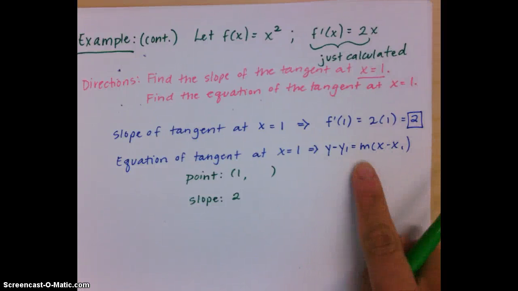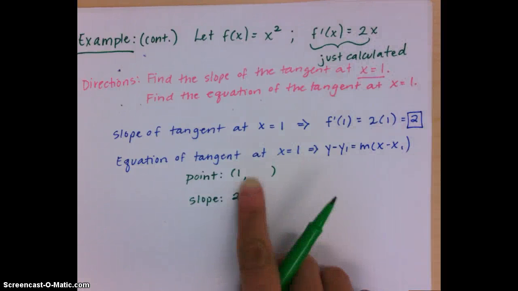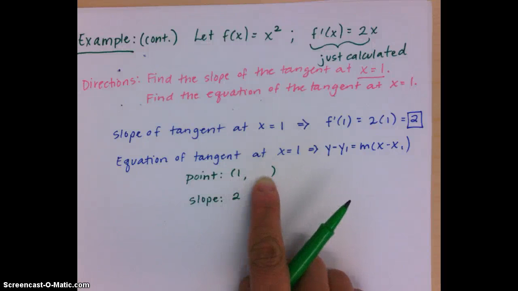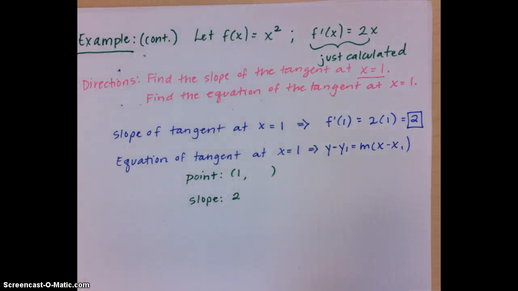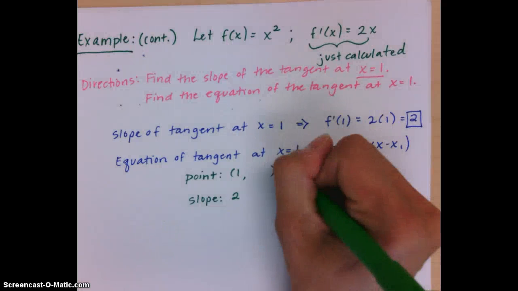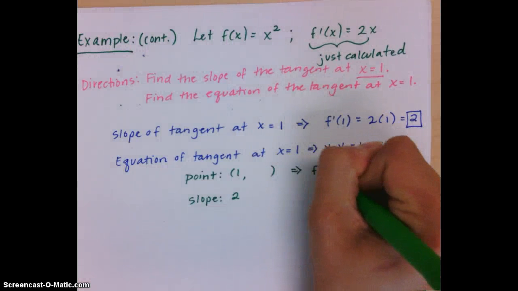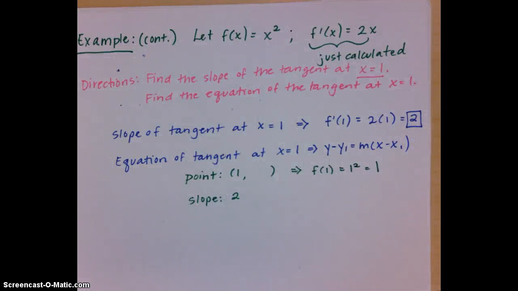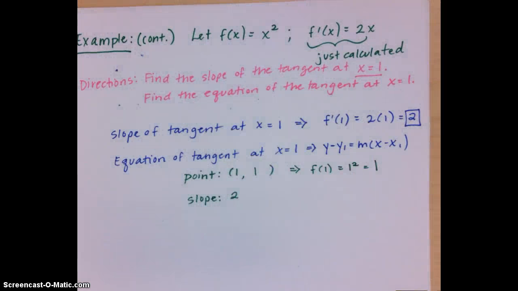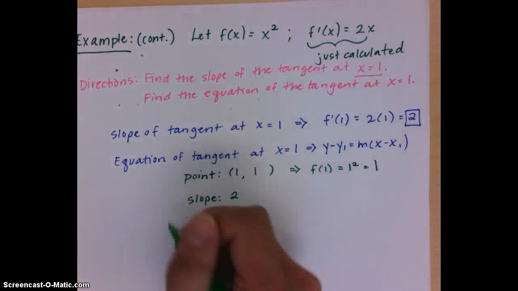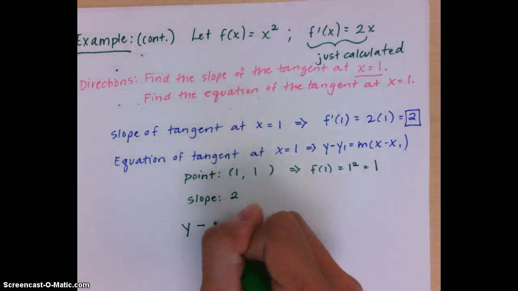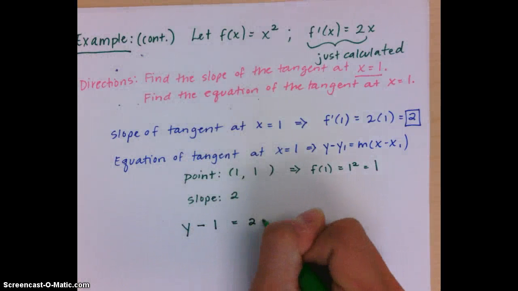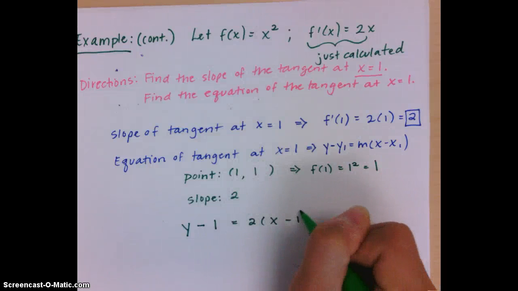So in order to use the point slope formula to write the equation of the line, I need to figure out what my corresponding y value is. So let's do that by finding f of 1, or in other words, 1 squared, which is 1. All right, so y minus y1 equals m times x minus x1.